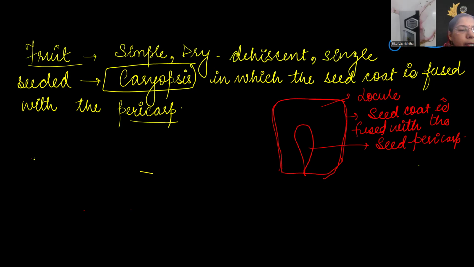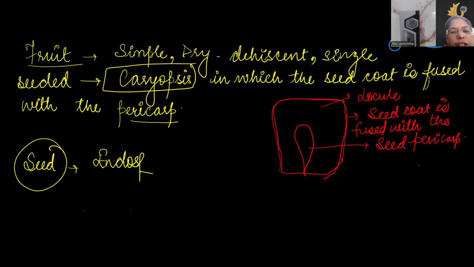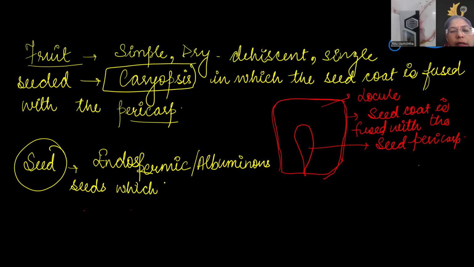Now the next is the seed. When we talk about seed here, being a monocot family, which type of seeds are present? Endospermic or albuminous. We also term it as albuminous or endospermic seeds, which retain the endosperm.